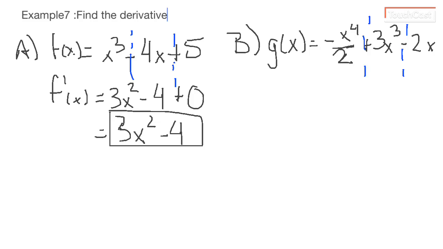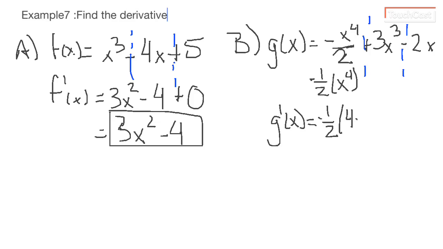So let's find the derivative of that first term, negative x to the 4th over 2. Well, we can rewrite that as negative 1/2 times x to the 4th. Then we're going to just find the derivative of x to the 4th. So when we're finding g prime, we're going to have negative 1/2 times 4x to the 3.